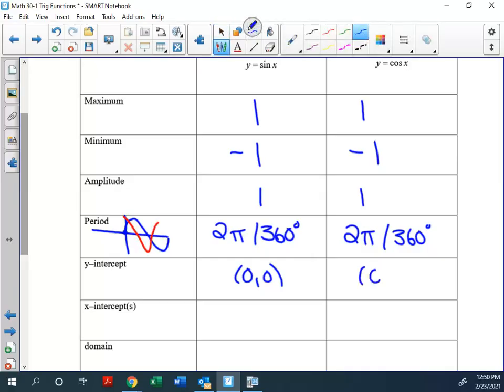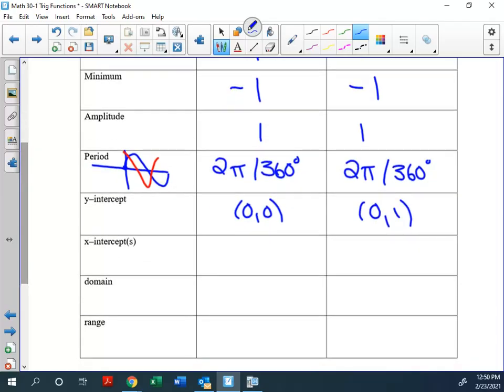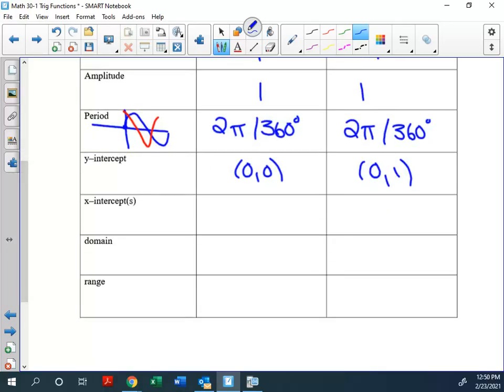So here's the first thing that's different. This is how they're out of phase. They have different start points. I'm going to come back to x-intercepts in a second because that's where all the difficulty is going to come. The domain. Can I keep spinning that arm forwards and backwards forever and ever? Is there any angle I can't put into sine or cosine?